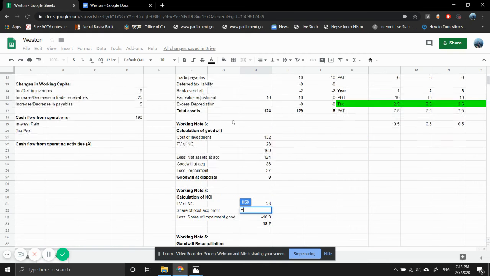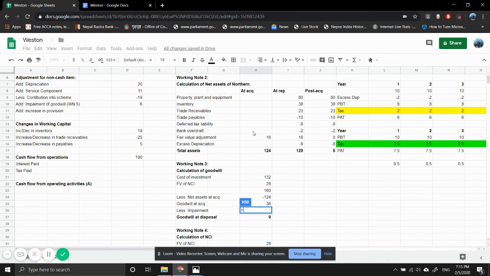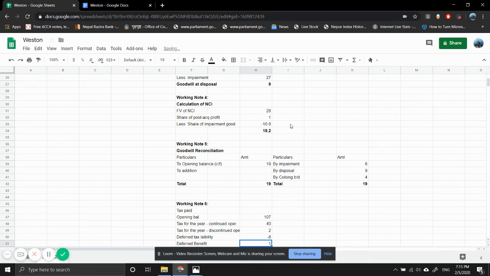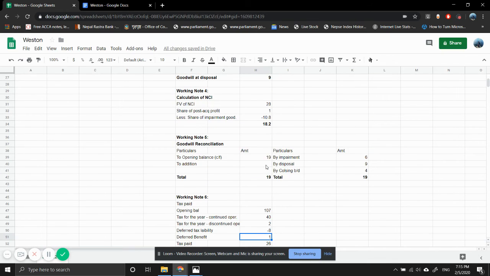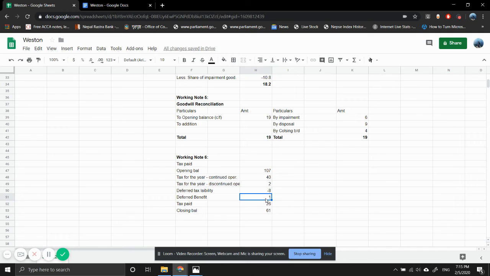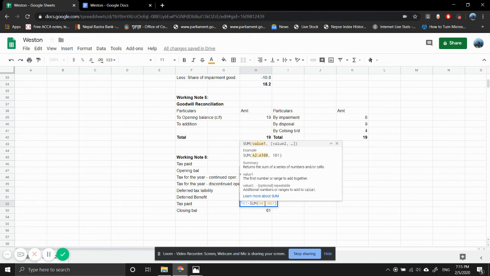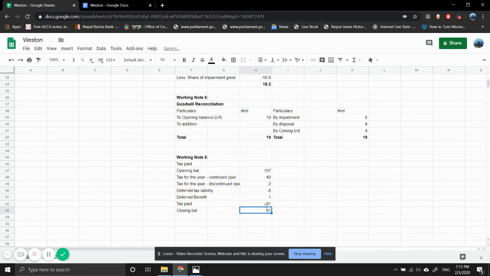That means it's a deferred tax asset. Consider it that way. Minus it. So this will give us a tax paid figure of 26. Why is it giving us 26? Okay, so it should be sum of 47 as well. So it should be minus 81, right?